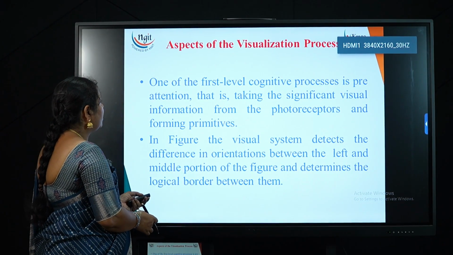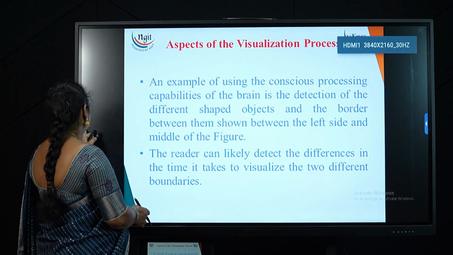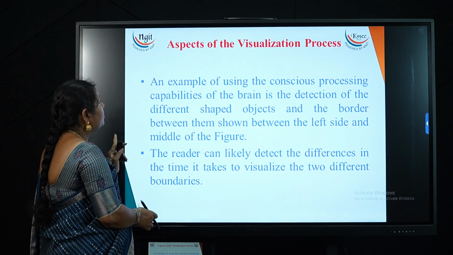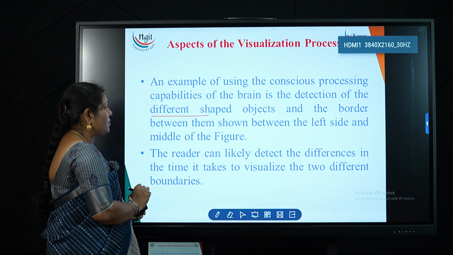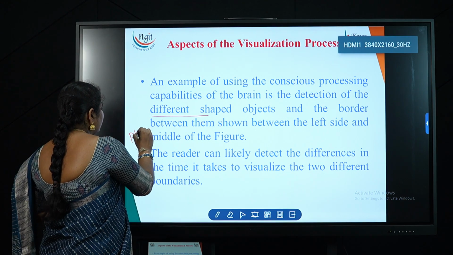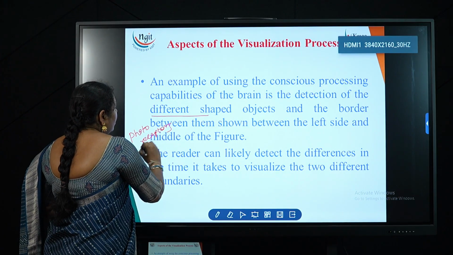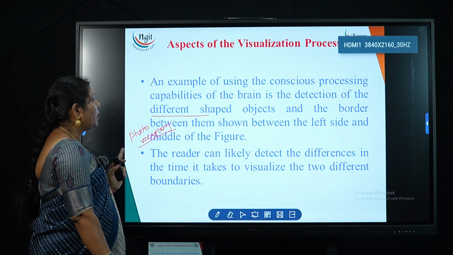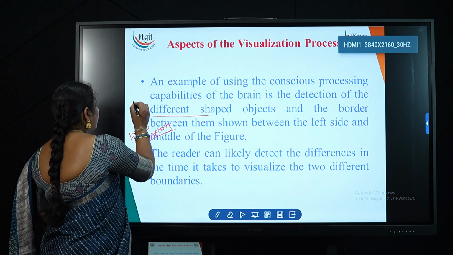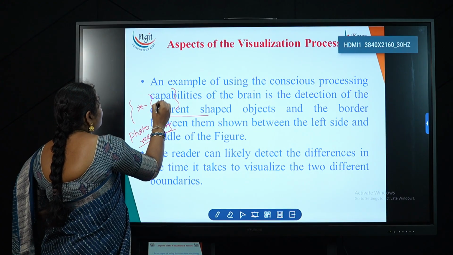The middle portion of the figure determines different things, and you have to remember the conscious processing done, the capability of the brain in order to detect different shapes of objects. Photoreceptors play an important role in receiving the data and identifying what type of object it is, and how you identify the different sets of images placed over here.